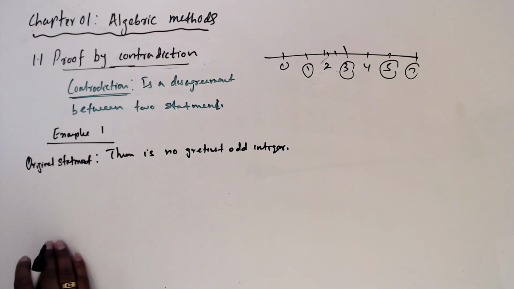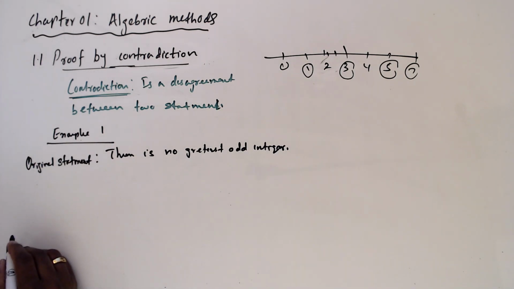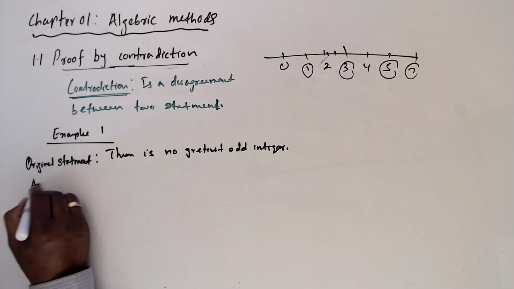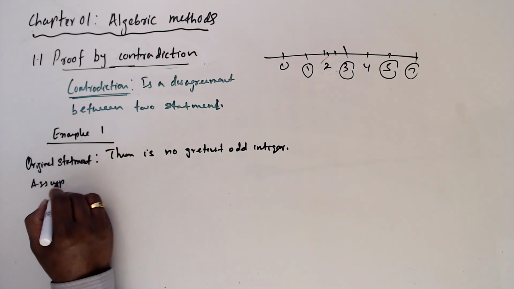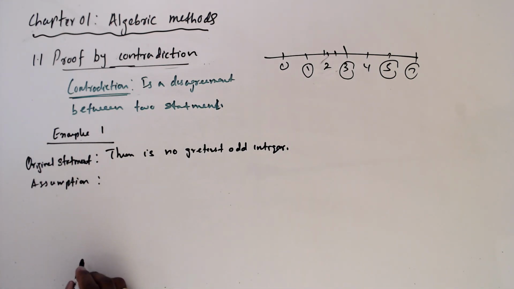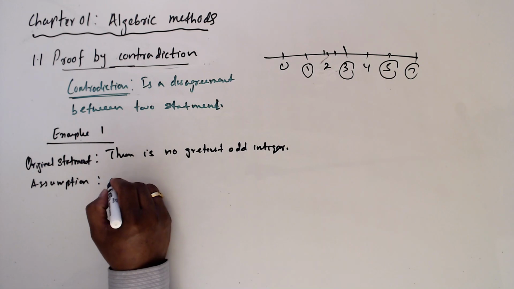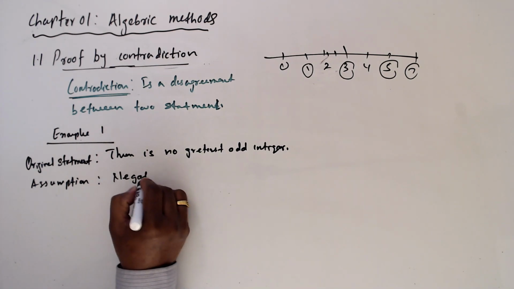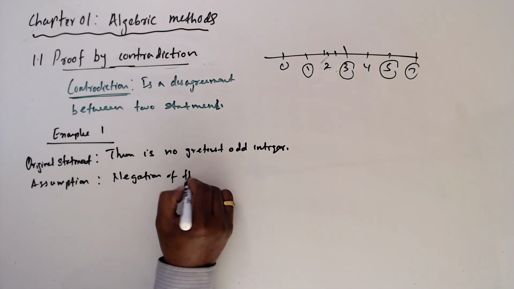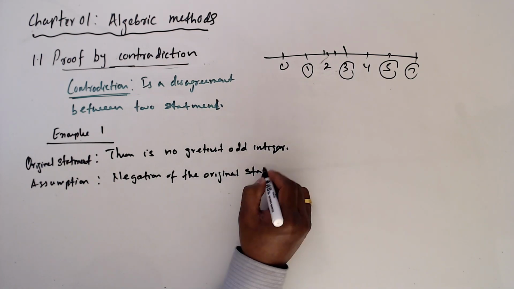The next step is to prove using contradiction. We want to make an assumption: we assume this original statement is not true, so that it is false. This is called the negation of the original statement.